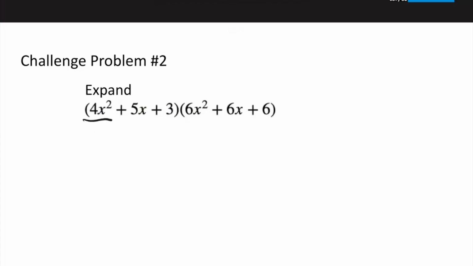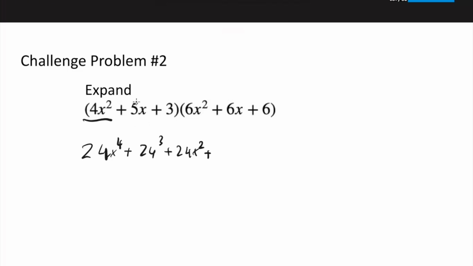Let's start with this term right here. You have to multiply it by each of these three right here. Starting with this inner one right here, you'll get 6x squared. Moving on to this one, you get 24. Sorry, this is 6x to the fourth power. You'll get 24x cubed. Finally, you get 24x squared.